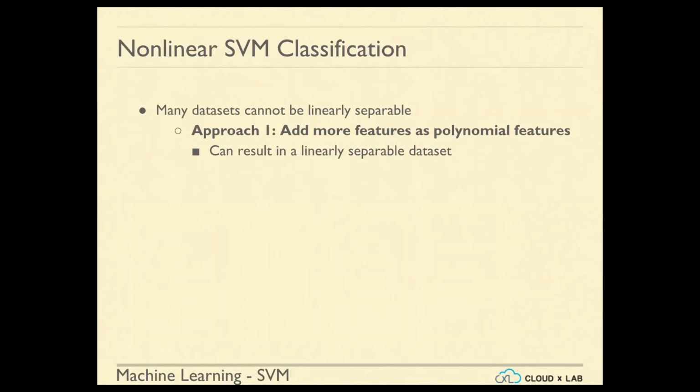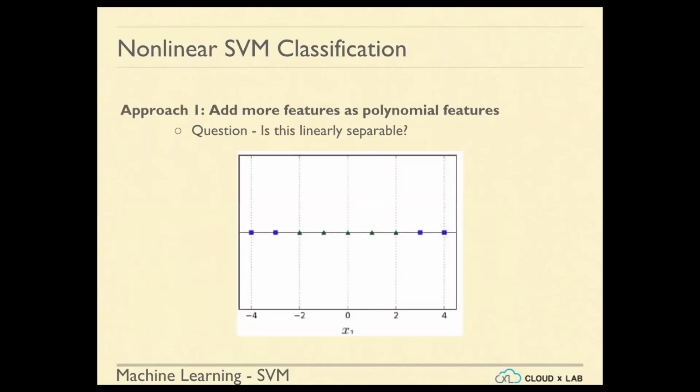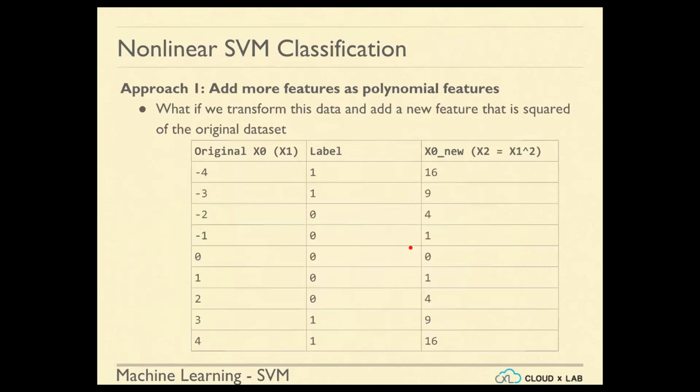The idea was to add more features as polynomial features. For example, say we have data that is inseparable because all the points are on the same line. We add more features to make it separable.